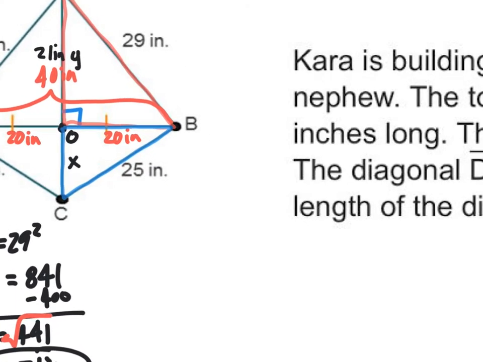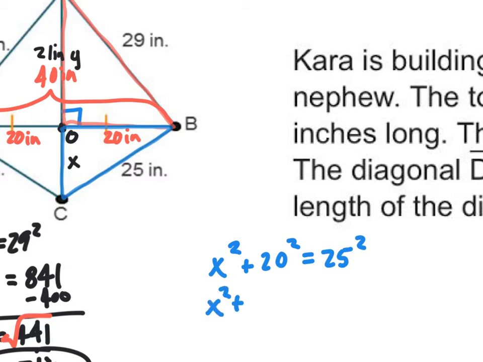The next one I want to do is over here in this triangle. I'm going to try and find this length x here. This length is 20, and my hypotenuse is 25. So I'm going to set this up and say x squared plus 20 squared is equal to 25 squared. So I get x squared plus 400 is equal to 25 squared, which is going to be 625.